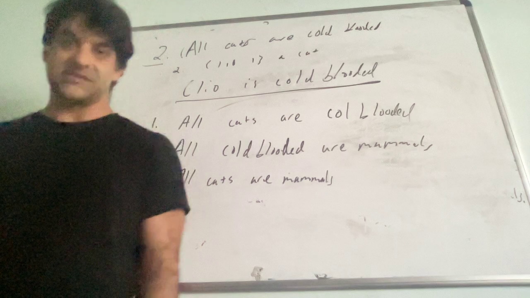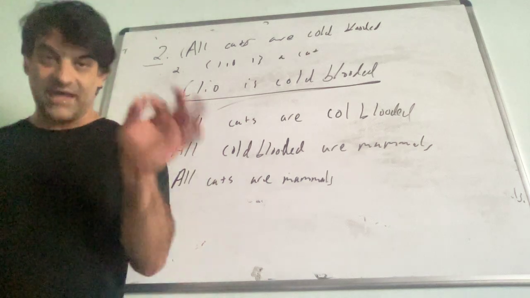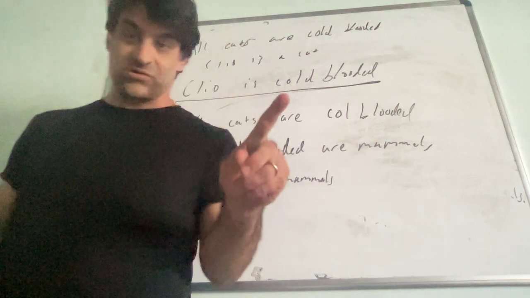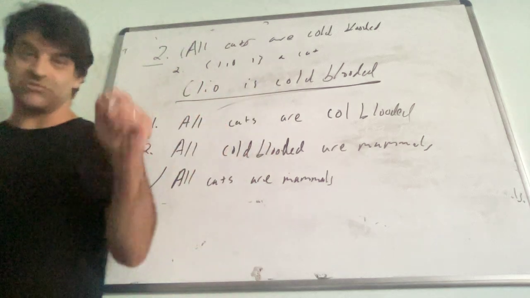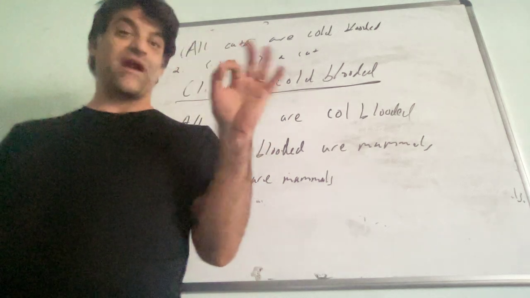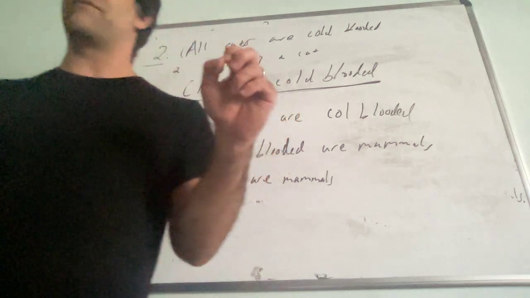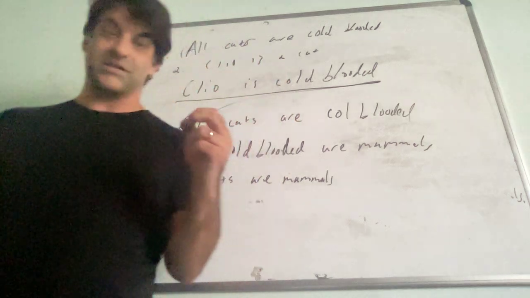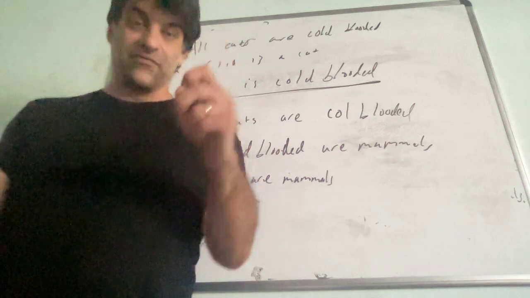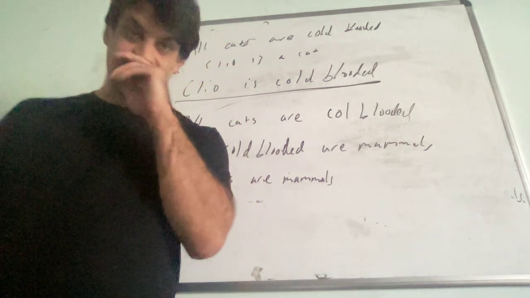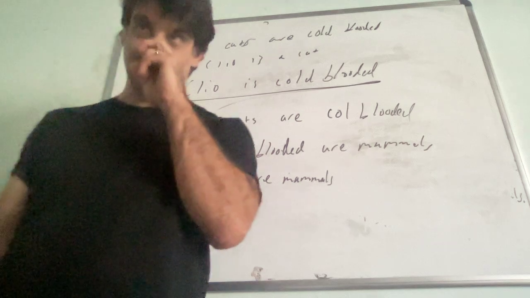Number 3 is the definition of valid. In any valid argument, if the premises are all true, the conclusion is also true. Yes. Okay? That's a rare one. For all these questions, it's rare the answer is going to be yes. But in this case, every valid argument with true premises has a true conclusion. That's the definition.